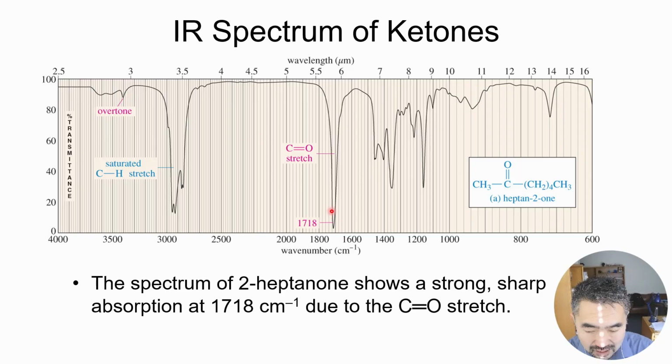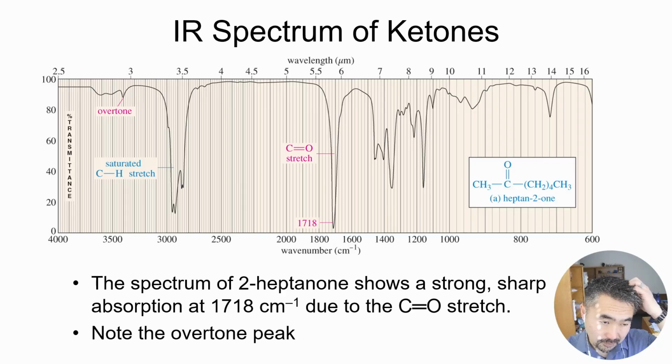So here's a super strong peak at 1700 wave number. The overtone should be around 3400, and indeed it is. And that's how you can spot that that must not be an NH peak or something like that, but it's actually the overtone.